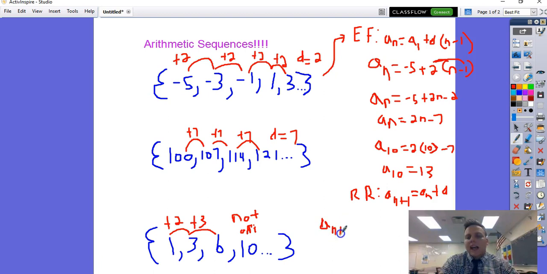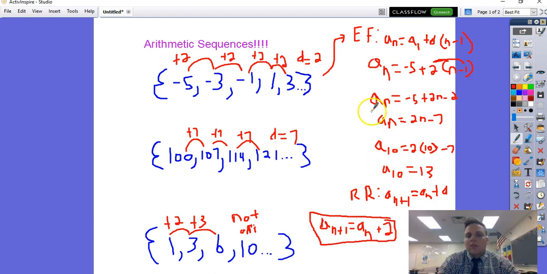By saying a sub n plus 1, I'm saying the next term following a sub n, which would be the prior term, is equal to a sub n, because I don't know what term I'm trying to find, so I just leave n as n, plus, what was the common difference? 2. Bam. That is your recursive rule.